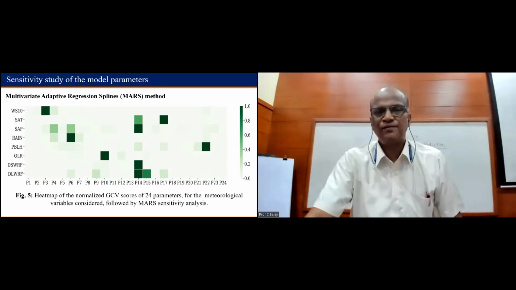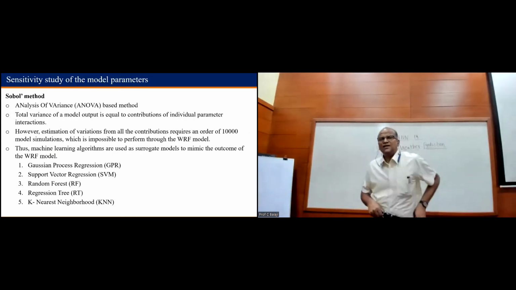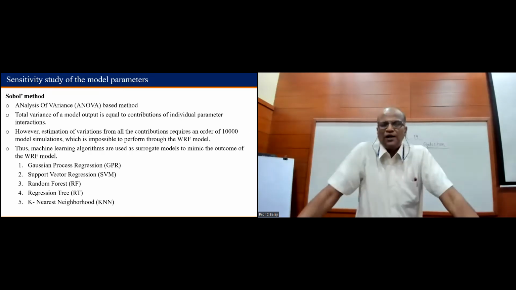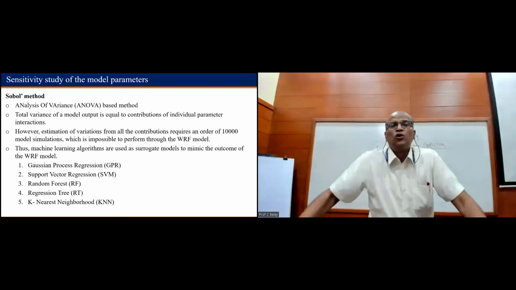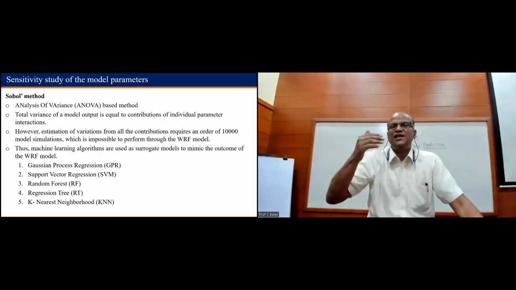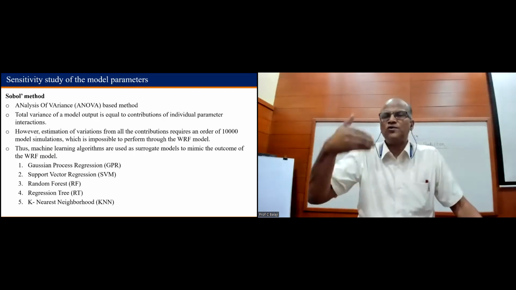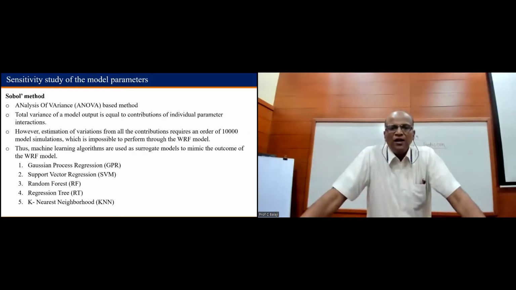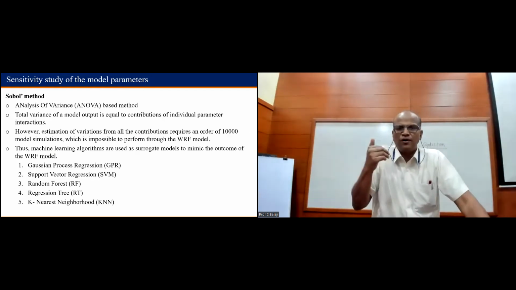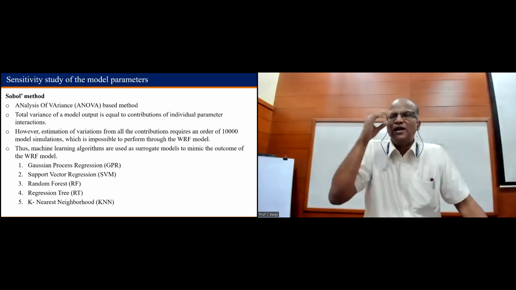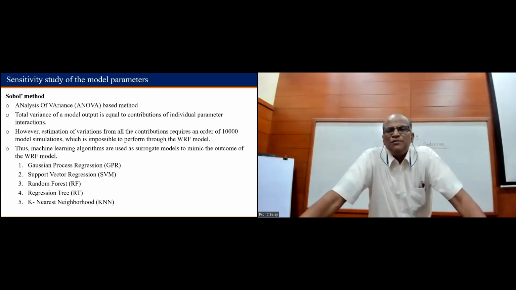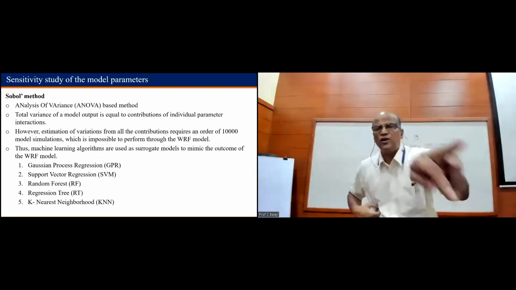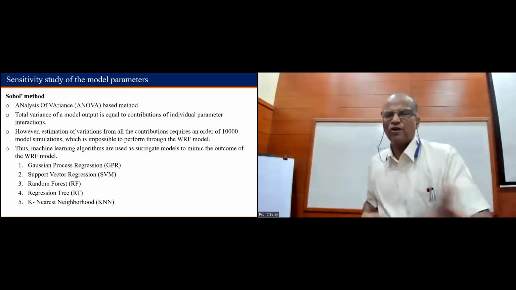The Sobol method is basically analysis of variance, ANOVA, which many of you know from simple statistics courses. The total variance of a model output is considered equal to the contribution of individual parameter interactions. However, estimating the variations from all the contributions requires on the order of 10,000 simulations, which is impossible to perform through the WRF model. Therefore, to accomplish the Sobol method, we go for machine learning.